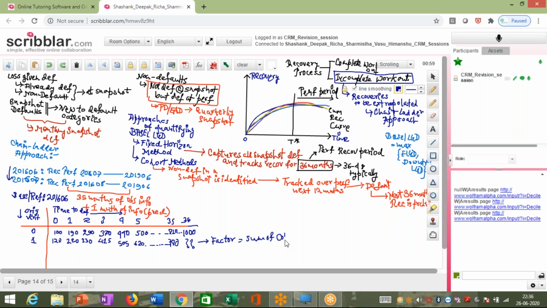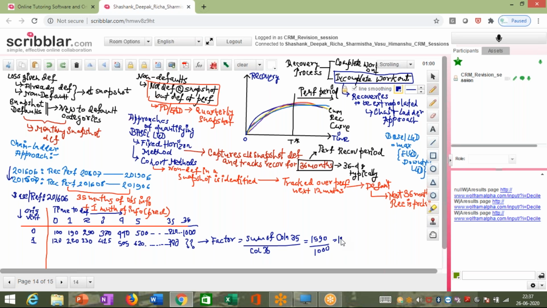So here I am writing the sum because column 36 is a single entry. So this is 808. So that is 1590 divided by 1000.